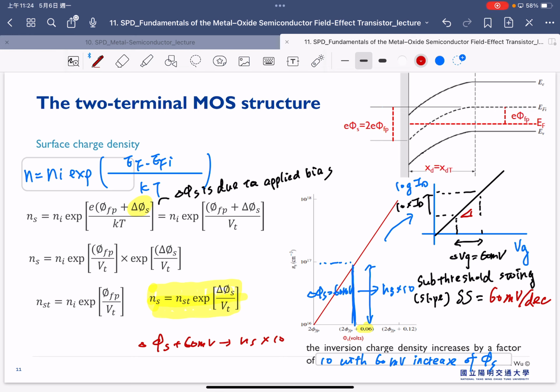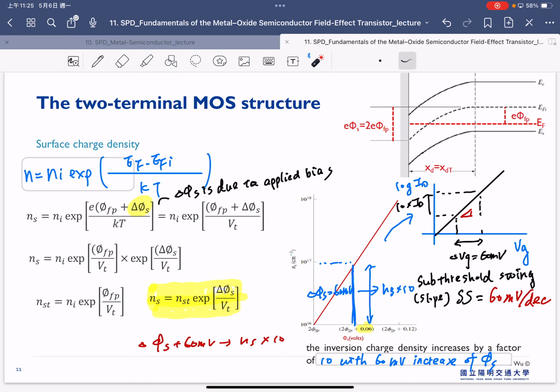So that means whatever material we change, ideally we cannot break this limitation, because our applied voltage always has to follow this: a 60 millivolt increase of bias will lead to 10 times higher current density. And that's actually a major challenge for the advanced technology.